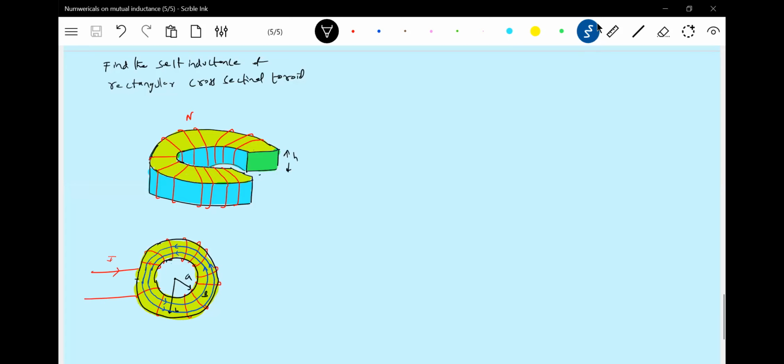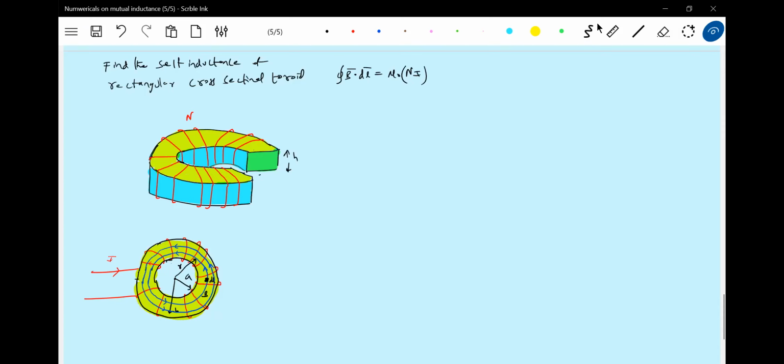We discussed the value. B bar at a distance R. So I am going to assume a dl here. B bar dot dl equals mu naught N into I, no?